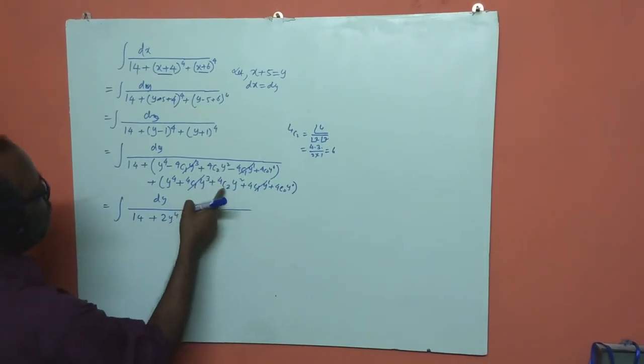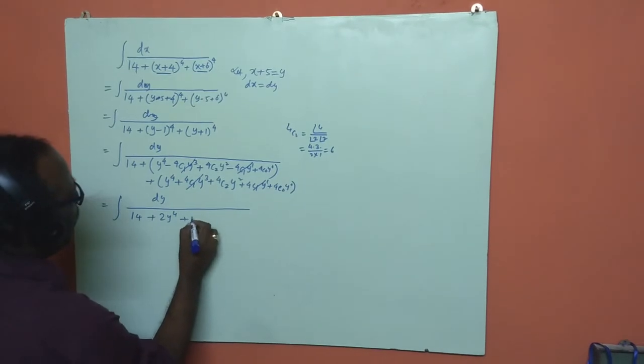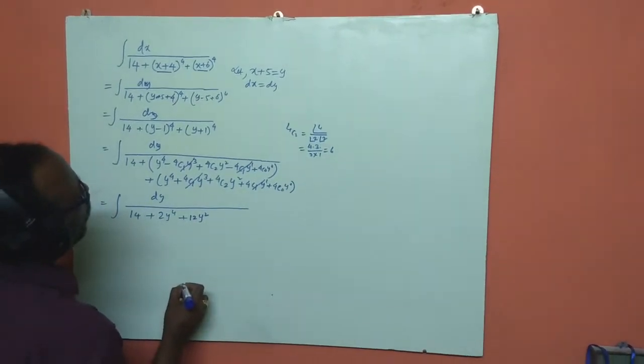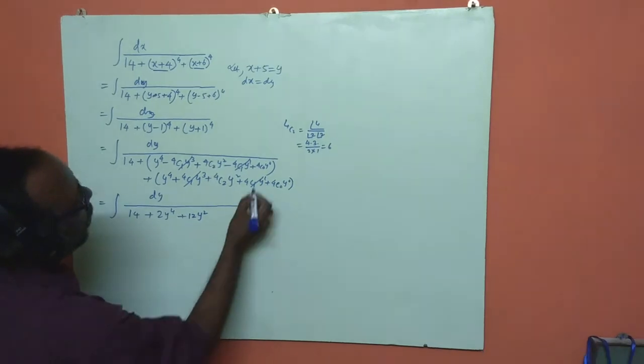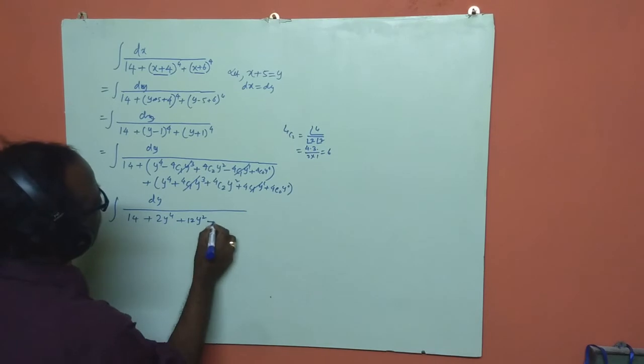So this is double, it means 12 y to the power 2. 4c0 this is 1 and y to the power 0 this is also 1, 1 plus 1 is 2.